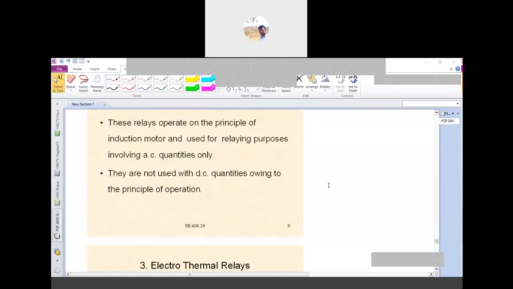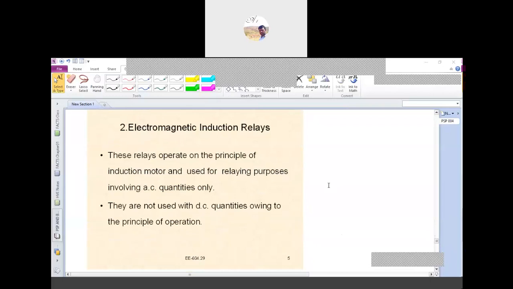Based upon this classification, first we'll see electromagnetic, static relays, and microprocessor based relays. In that type, first we'll see the solenoid type relay. This is one type of electromagnetic relay.